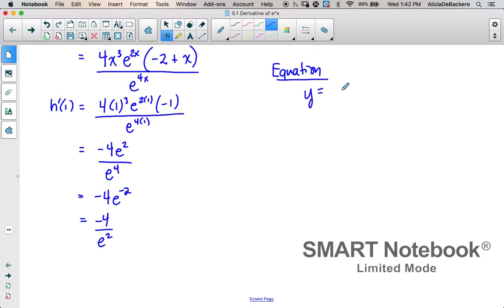We know that the equation is y equals mx plus b, and this is our slope of our tangent at x equals 1. And so to figure out the b value of this equation, we'll sub in the point at x equals 1.